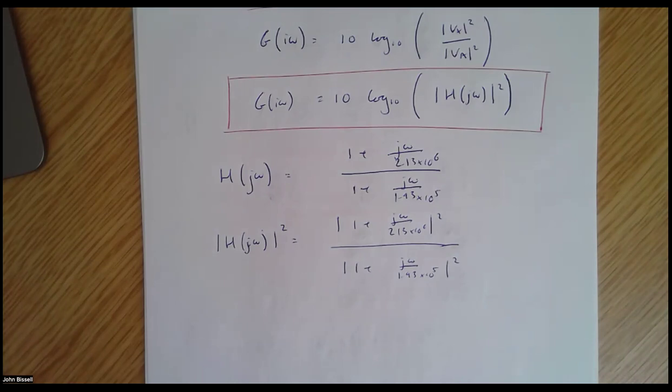Okay. Now remember, for complex numbers, the square of the modulus is the sum of the square of the real part plus the square of the imaginary part.